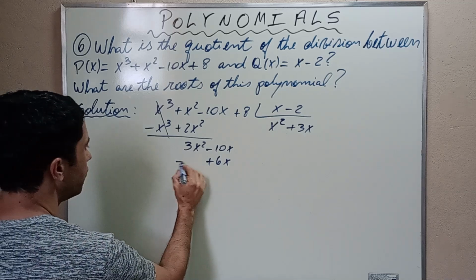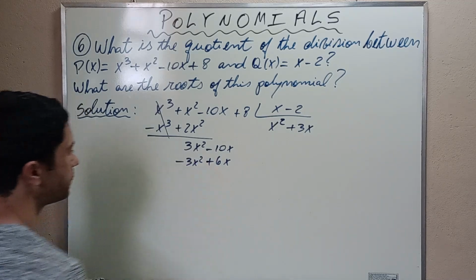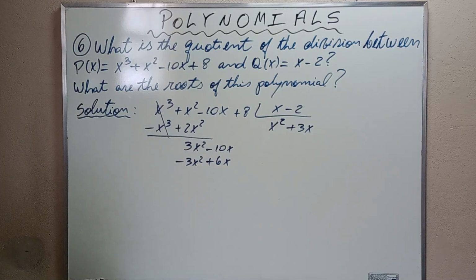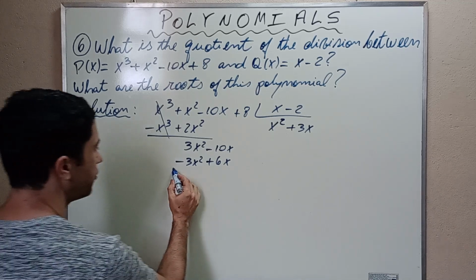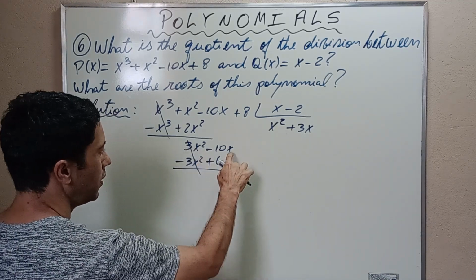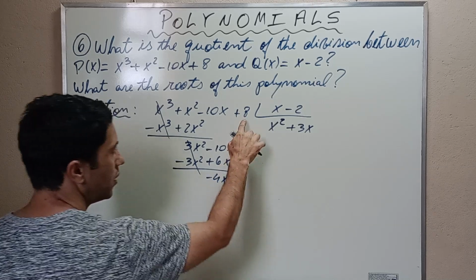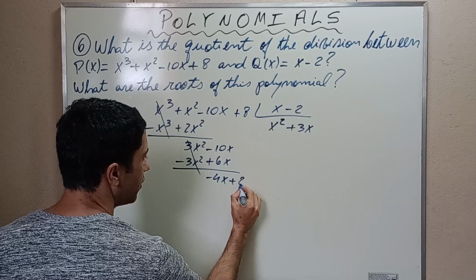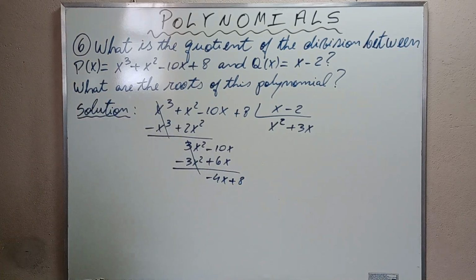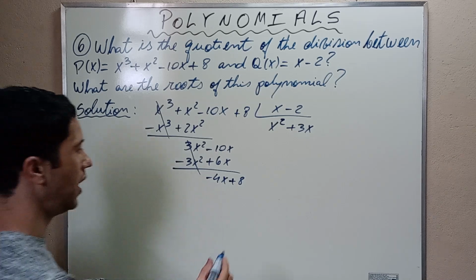Pass here, negative 3x squared. These terms cancel each other out. Negative 10 plus 6, negative 4x. I use this 8 here. Negative 4x divided by x is negative 4.